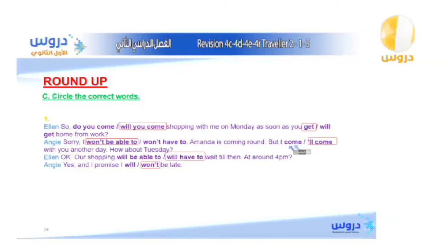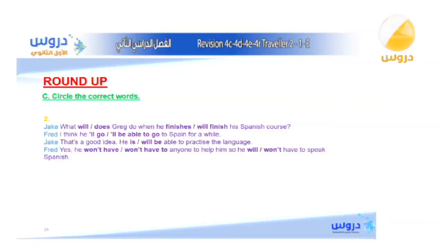Amanda is coming round, but I'll come with you another day. How about Tuesday? Ellen, okay, our shopping will have to wait till then, at around 4 p.m. Angie, yes, and I promise I won't be late. Here it's a short form for I will not be able.